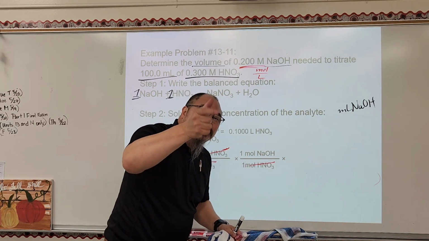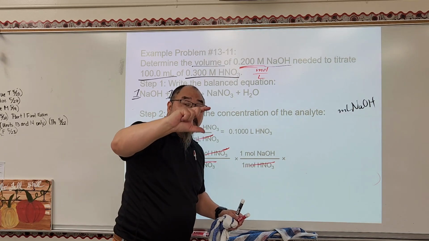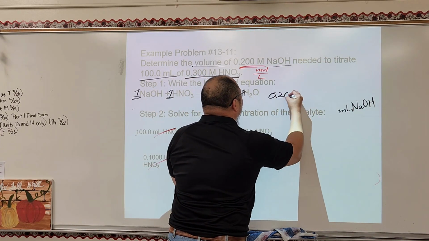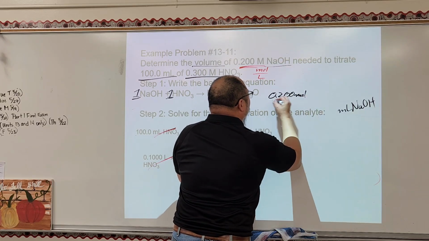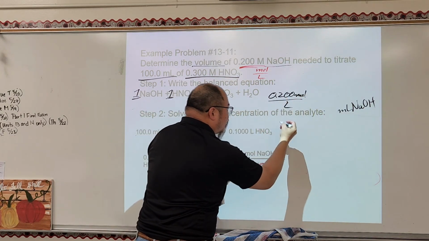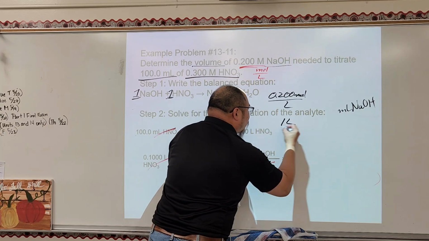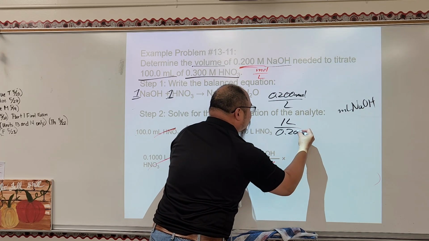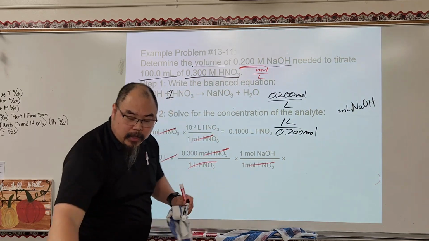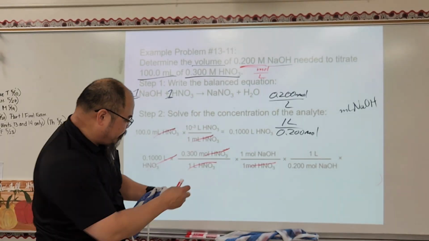Which means we're going to have to do the reciprocal of the number. We're going to have to flip it, right? Normally, it's 0.200 moles per liter. I want to put the moles on the bottom, so it's going to be 1 liter to 0.200 moles, right? So here we go. We're going to flip it.